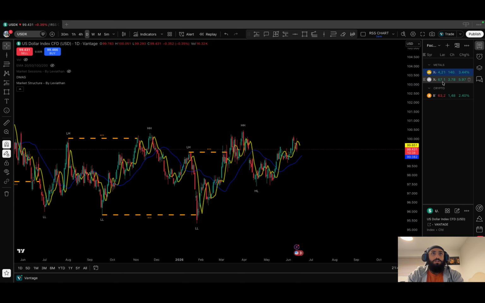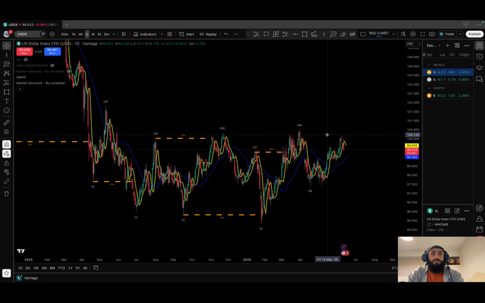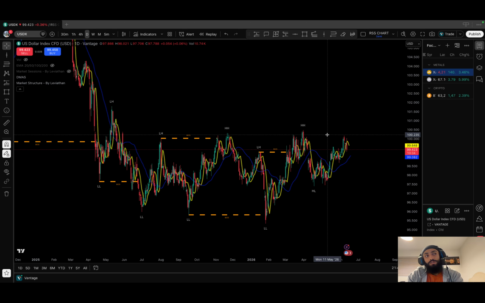So I'd say for any traders who are trading gold, also look at this chart because it's an important correlation, alongside whatever the news is in the economic world, and alongside knowing what the hedge funds and larger institutions are actually doing with the different markets.